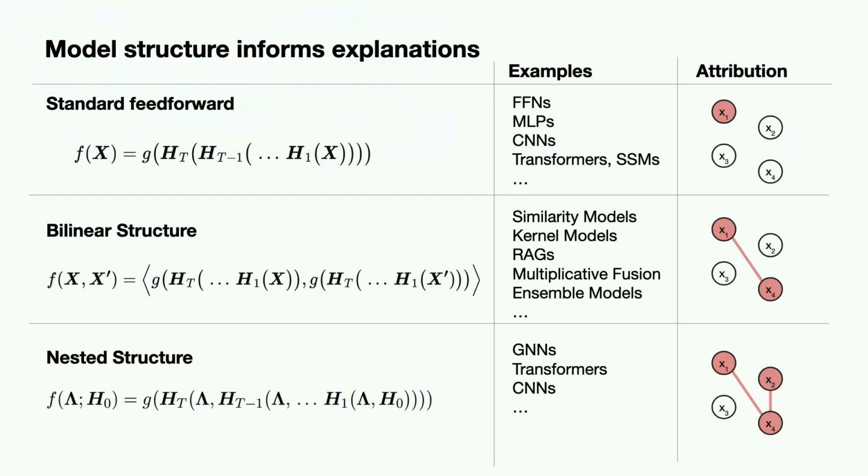It's described by an adjacency matrix that gives you the structure of your problem and some initial state h of 0. But the structural information is encoded repeatedly at each step. So now if you want to compute the gradient with respect to your inputs, lambda and h0, you get these recurrent dependencies that then result in these higher order attributions.